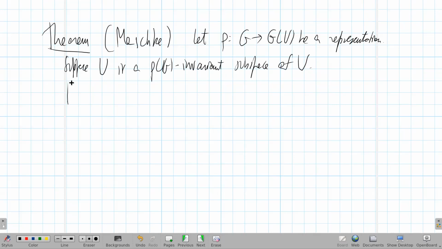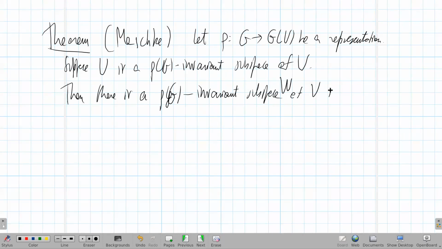Then the important claim is, then there is a rho G invariant subspace W of V, such that V is the direct sum of U and W. There's no need to say everything at once, but it is exactly the situation that we've seen in the examples.